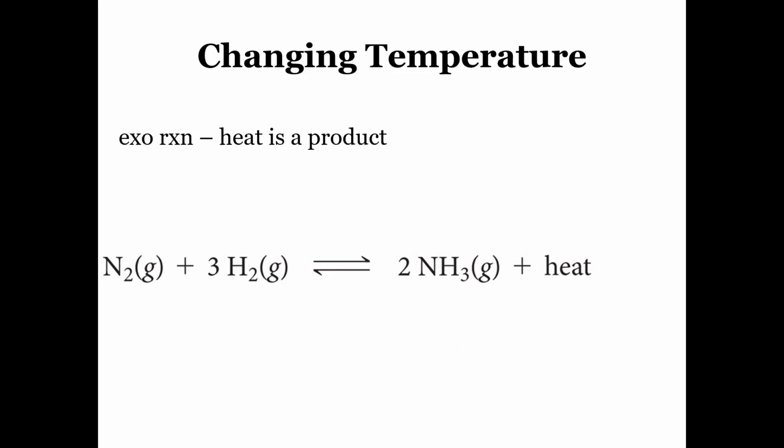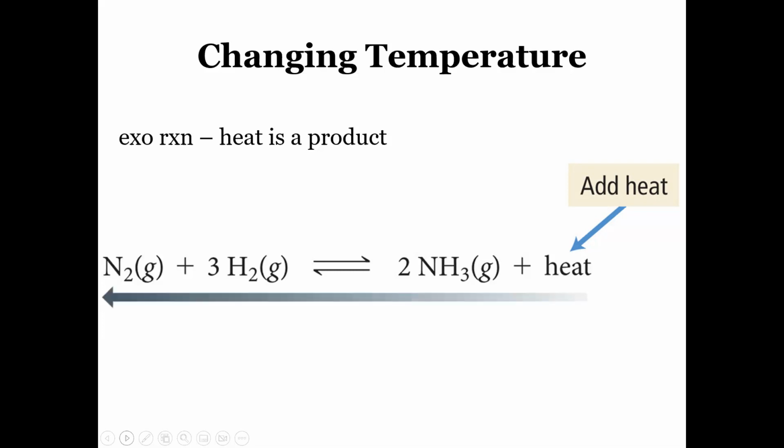So we look at what happens if we add heat. This is going to follow the same rule as concentration. We added heat to the product side. So when we add, we have to shift to the opposite side. So by adding heat, we have too much on the product side. So equilibrium has to shift towards the left, towards the reactant side.